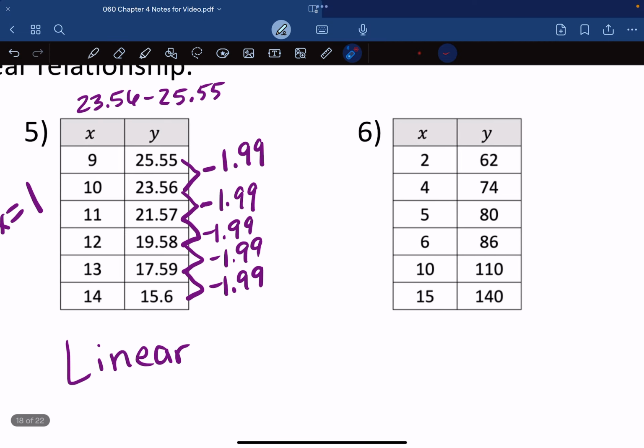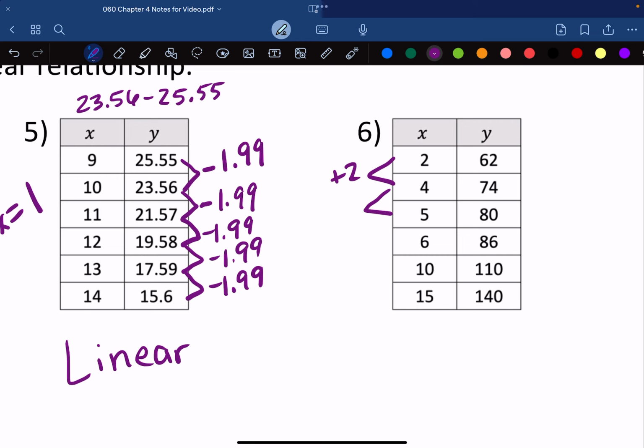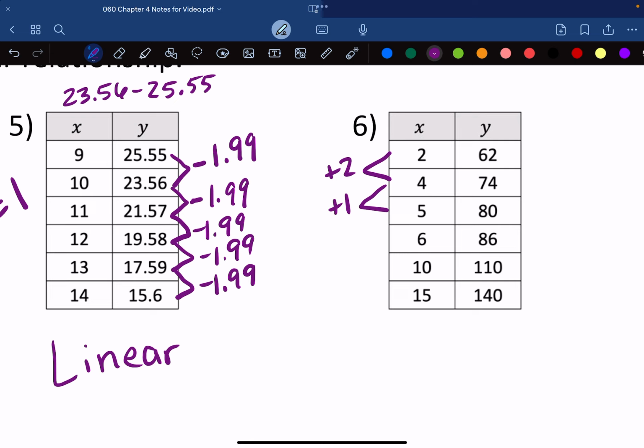And so I can't just say the change in x is 1. So I'm going to go ahead and actually write out what my change in x's are this time, because I will actually have to start calculating my rate of changes.